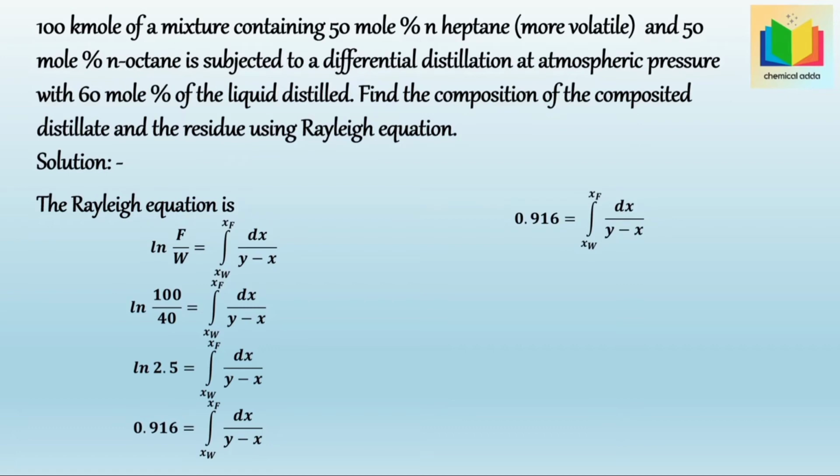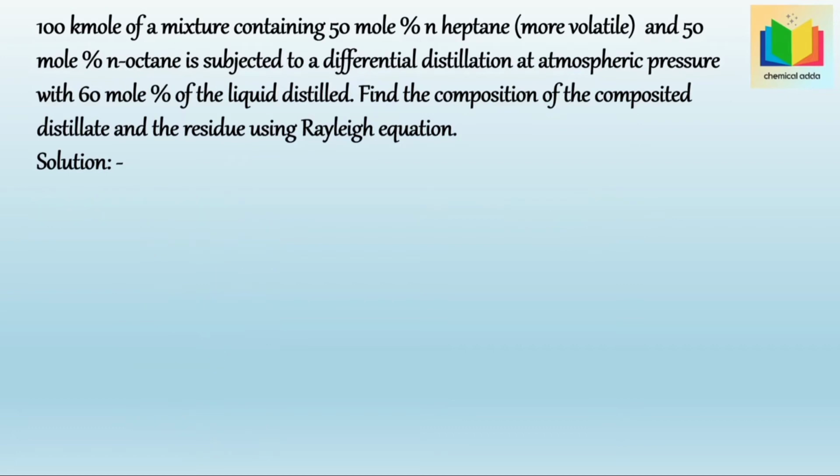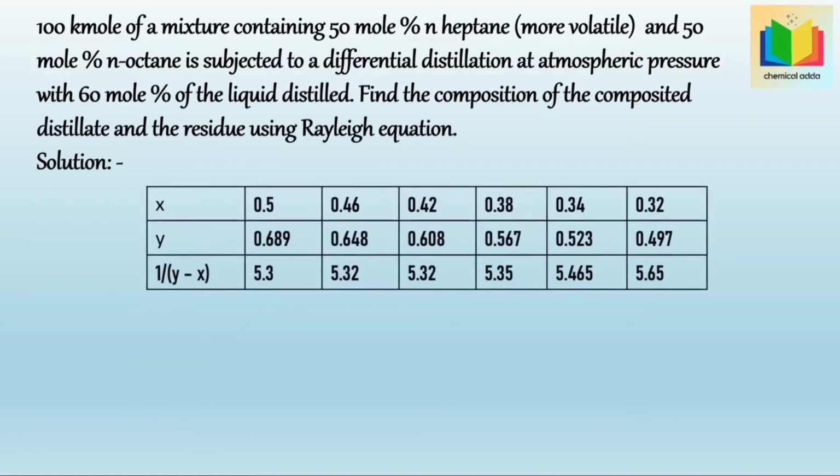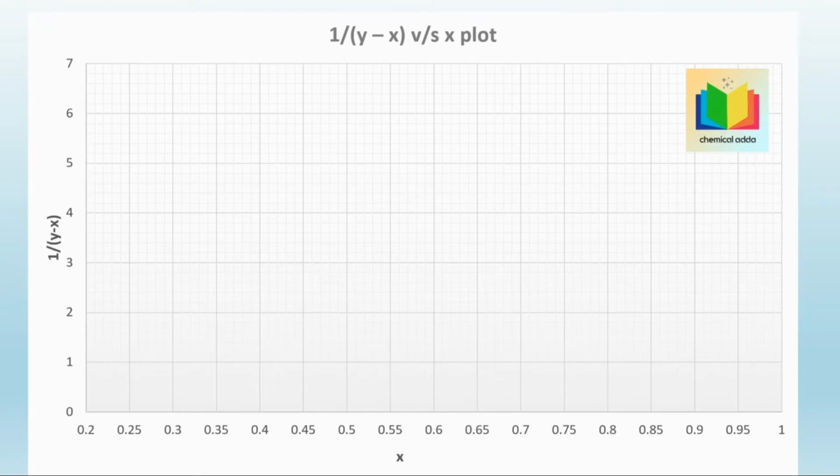So in this problem, we have given equilibrium data. Now, from this table, let's calculate 1 divided by y minus x. So we have values of 1 divided by y minus x and x. Now, let's plot the graph between 1 divided by y minus x on the y-axis and x on the x-axis.